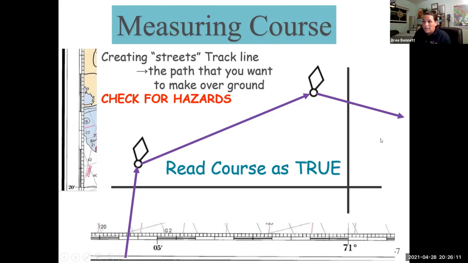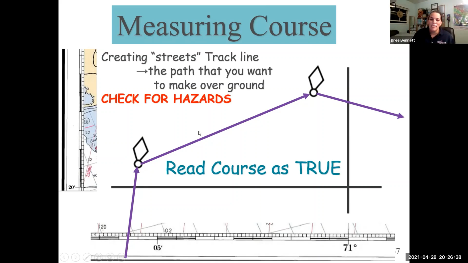So some areas on the chart will have the traffic lanes, but you will definitely need to draw in your courses to get to those traffic lanes. You'll need to draw courses wherever you're going. You want to make sure that you have a destination, that you're not just going out there and then you run into something.